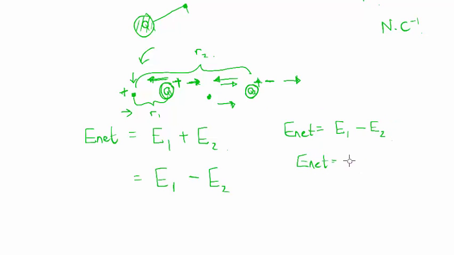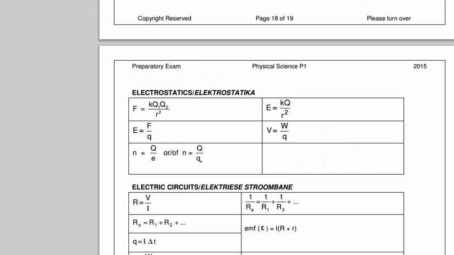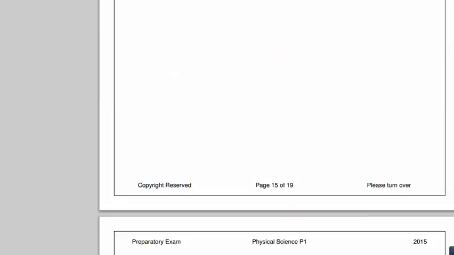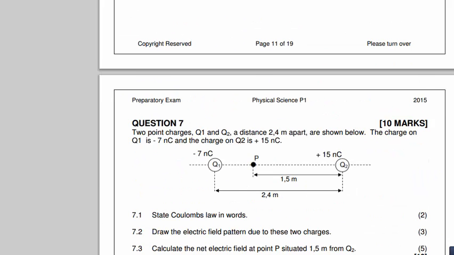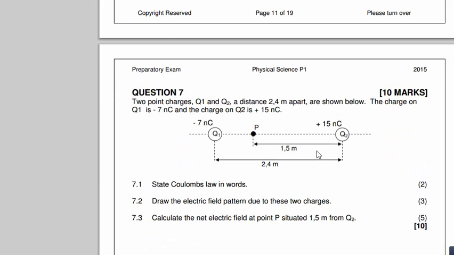So the net field is the one plus the other one. And again, it is very important to find the distance from where my point is to where I'm going. I just wanted to say enough so that we can answer this question. But guys, this is not a difficult topic, not at all.